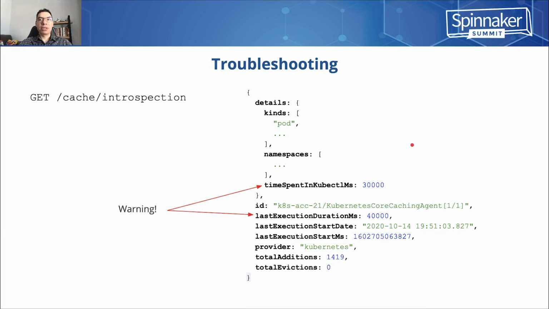If you have a Kubernetes cluster that has hundreds or thousands of secrets or config maps, this could be an issue. This could negatively impact the performance of Spinnaker, because at this point Spinnaker is also caching those secrets and those config maps.